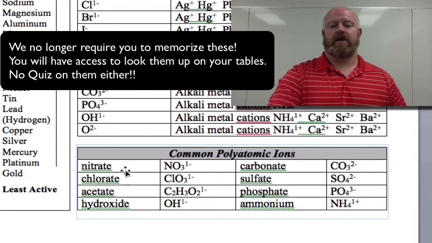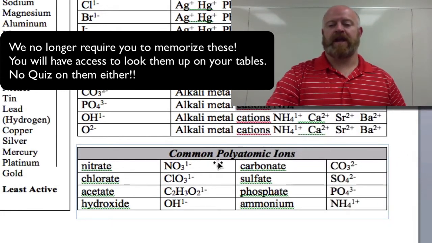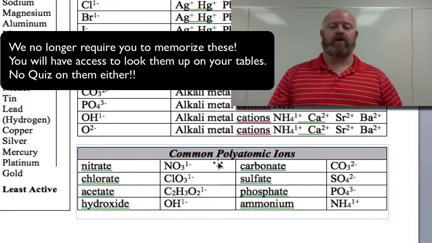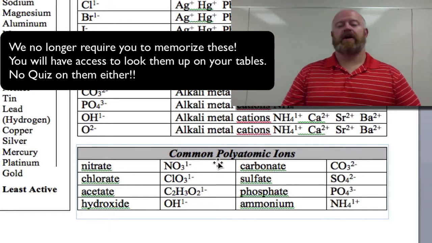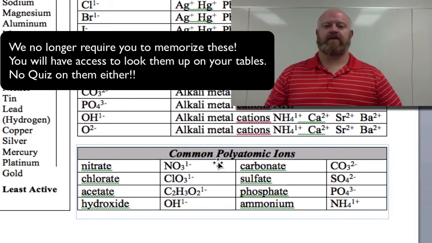If you look, there are 8 of them there. Those 8 you are required to memorize. In fact, we're going to do a quiz on those 8 polyatomic ions on Thursday, where you come in and list out all 8 polyatomic ions, their formulas, and their charges.